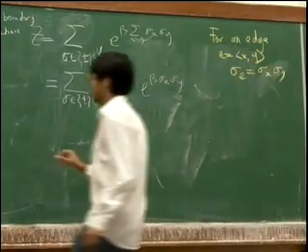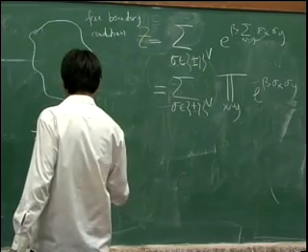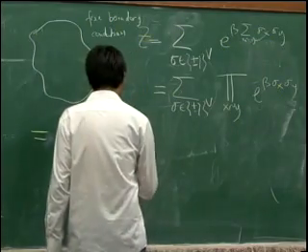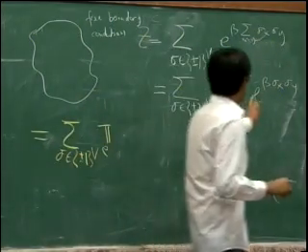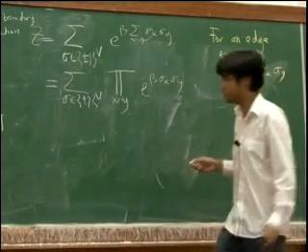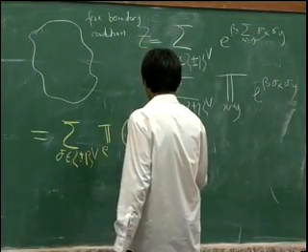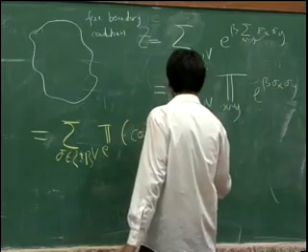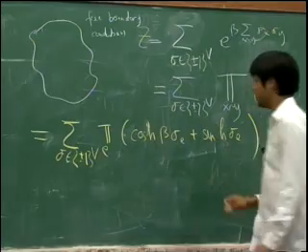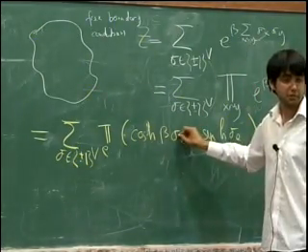So it's a sum over spins of a product over edges. And now I will write this as a hyperbolic cosine plus hyperbolic sine. I just observe that sigma E is plus or minus 1.